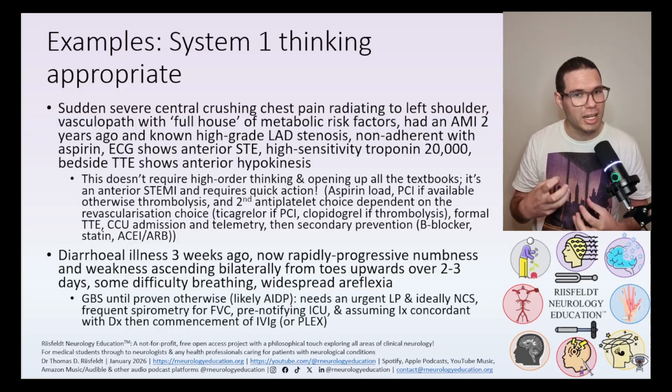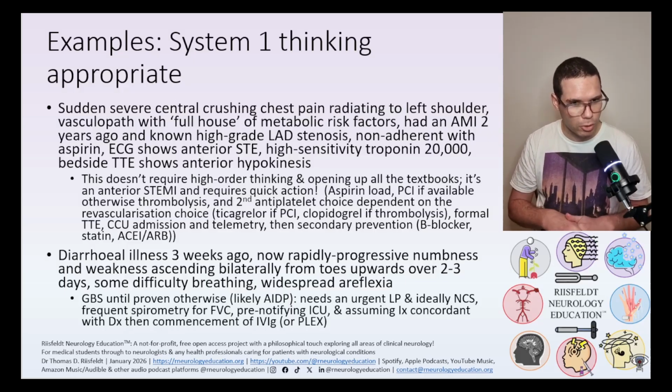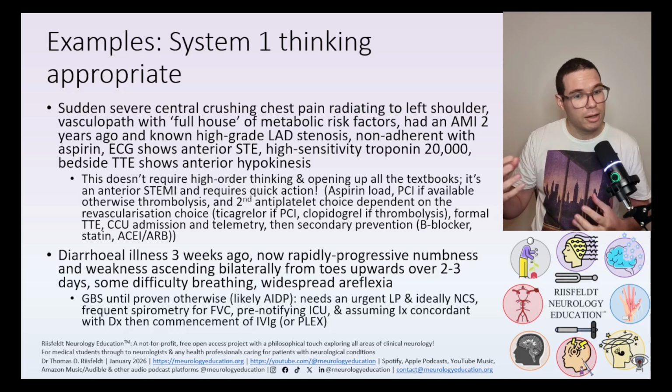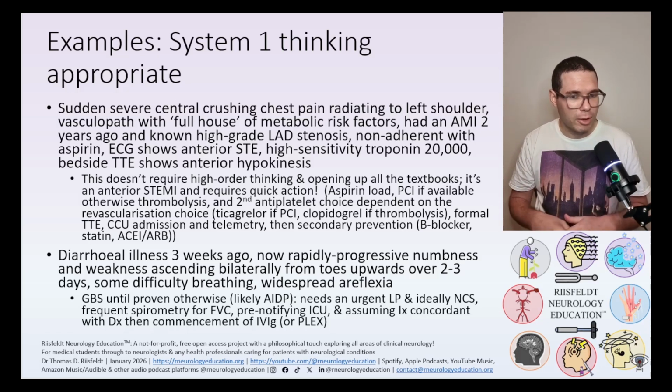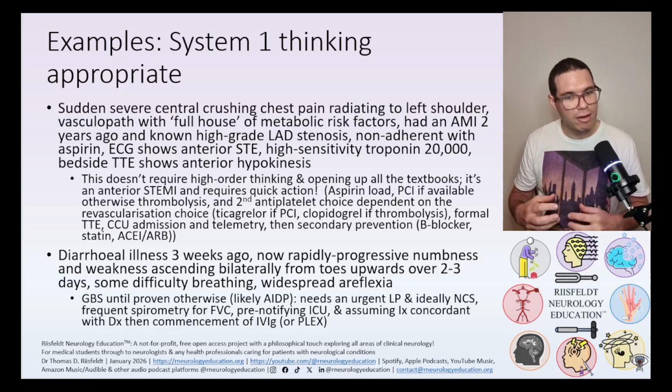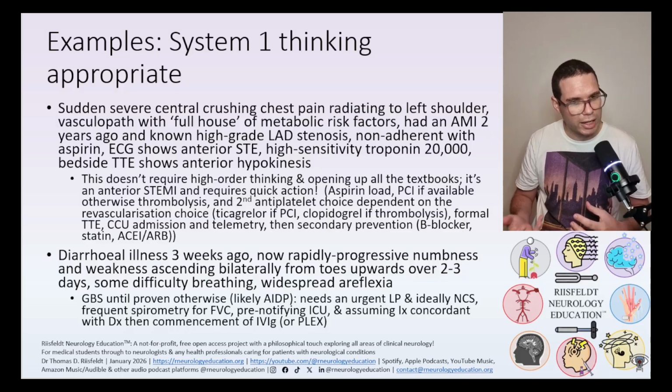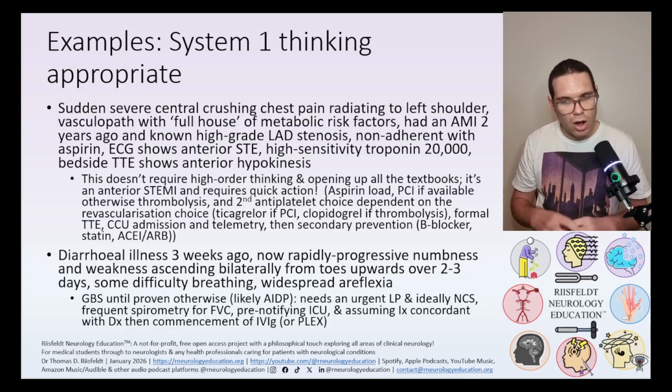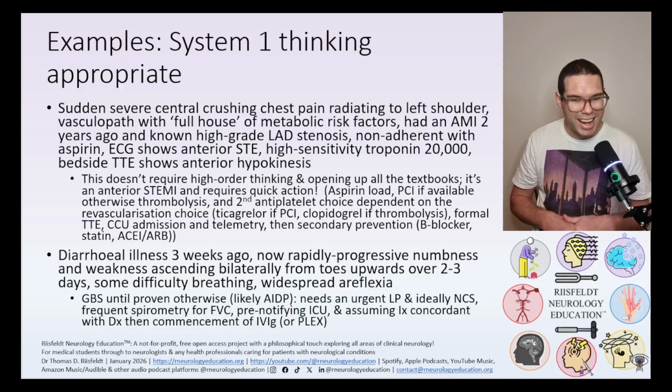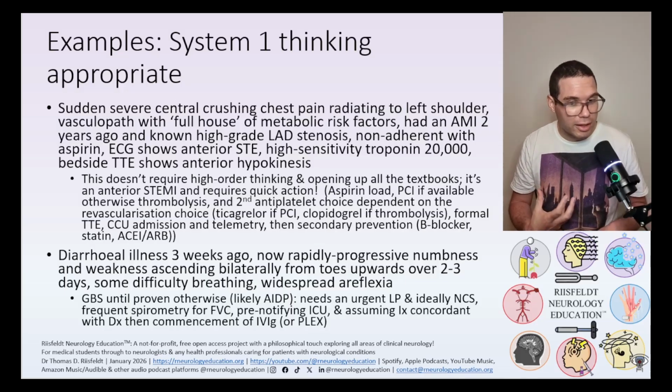Now, what's an example in neurology where system 1 thinking is appropriate? So suppose you had a patient with a diarrheal illness 3 weeks ago, and now they have a rapidly progressive numbness and weakness, which is ascending from their toes bilaterally upwards over a course of 2 to 3 days. And now they've got some early difficulty breathing as well.